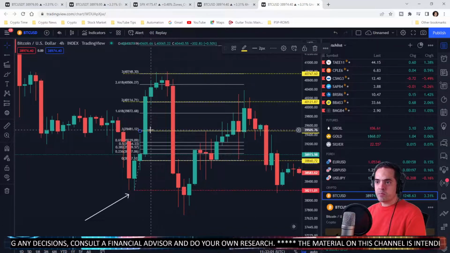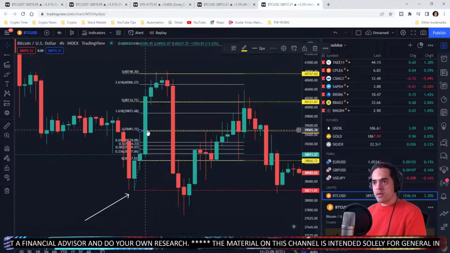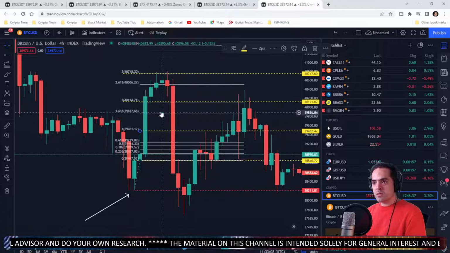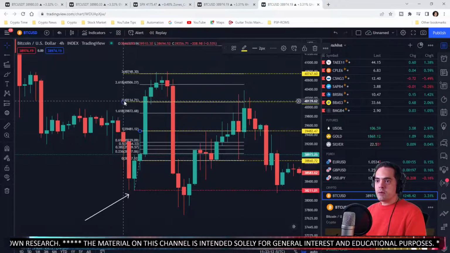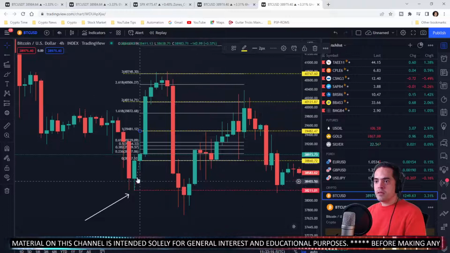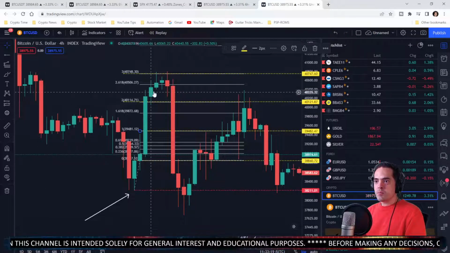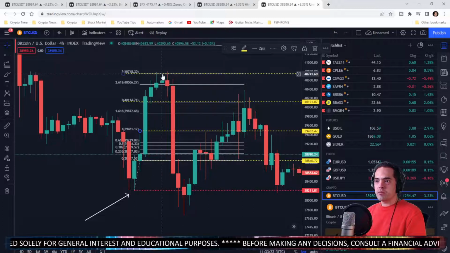So they would take the risk or a partial right here, and then keep the trade going at least up to 200 or 300%. As you can see in this one, the price goes and hits that 300% level.